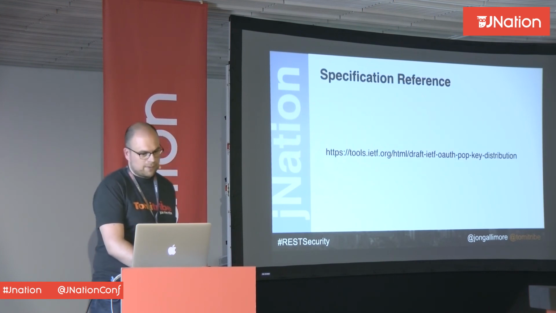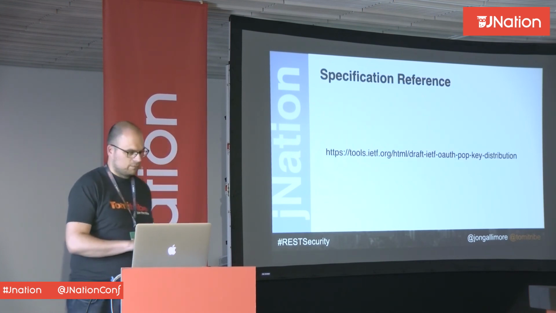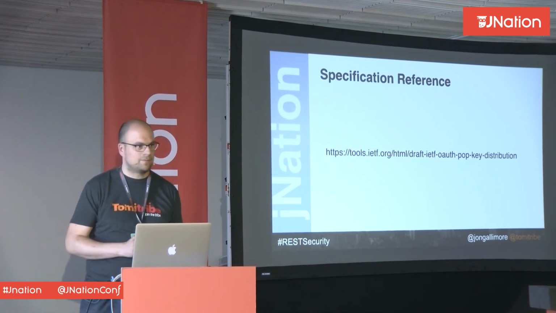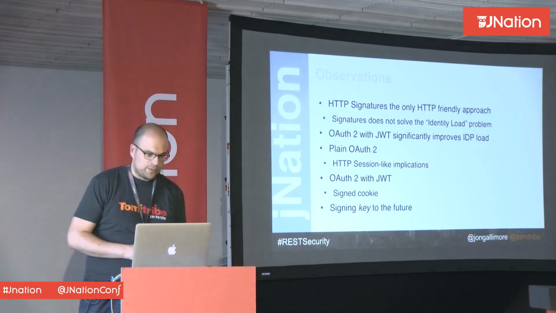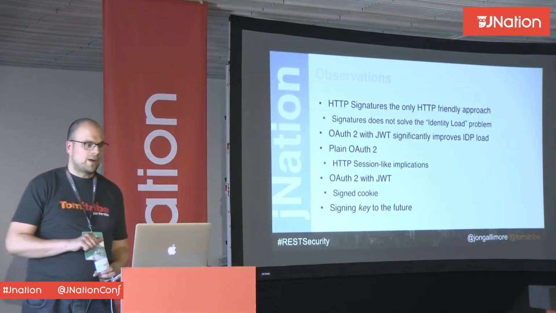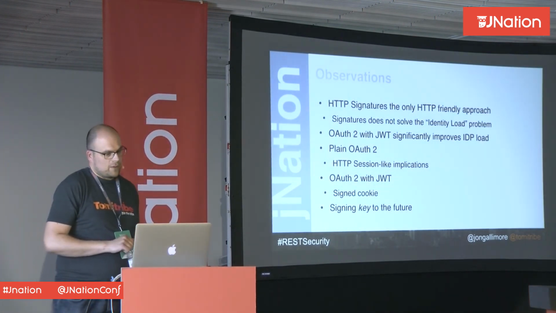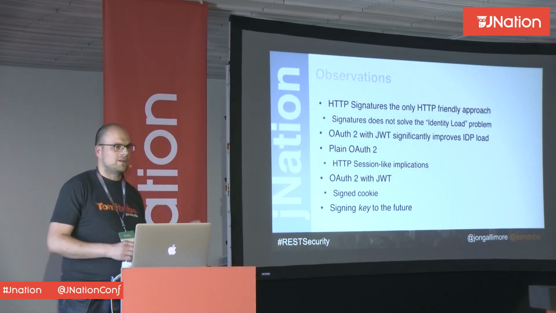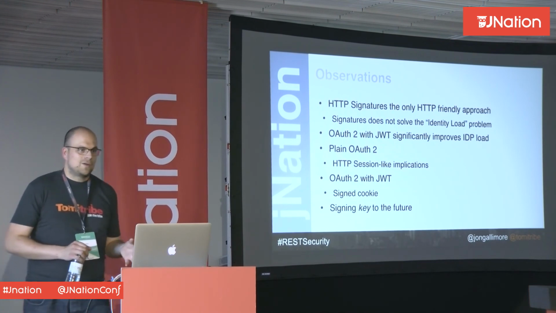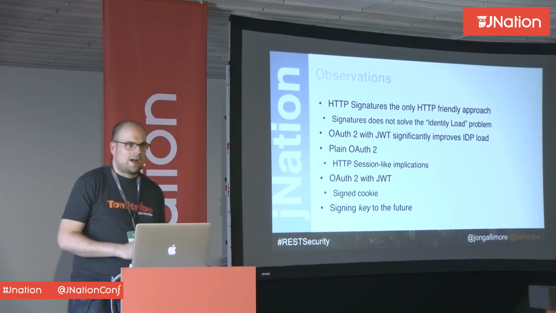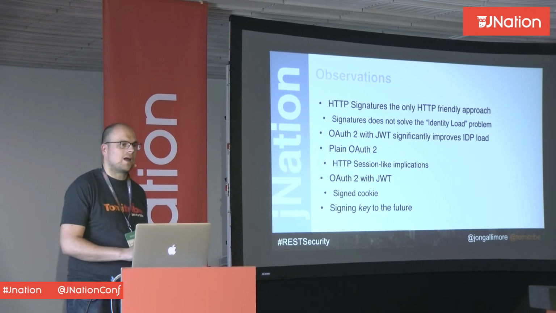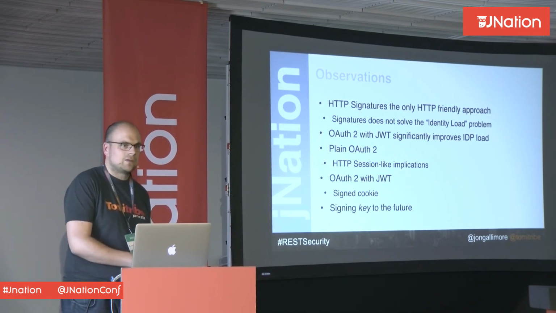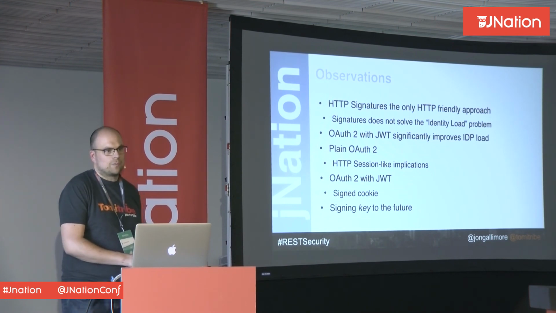So there's the reference for the specification. I am almost out of time, but here are some takeaways from the talk. If some of this is a little bit confusing, if you understand hashing and signing and protecting those hashes using keys, then you're pretty good.